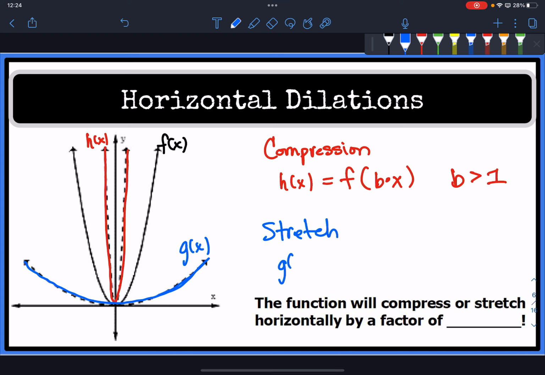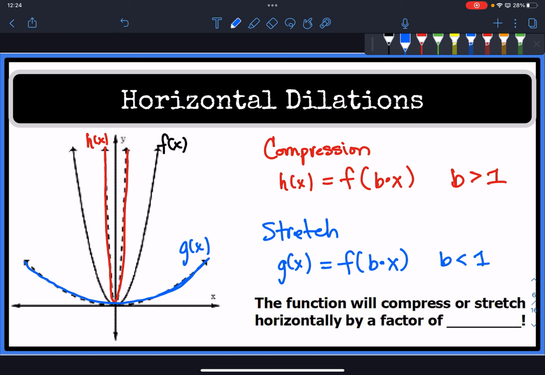We get that wider graph of g of x by multiplying the x value of our parent function with a scale factor, but now that scale factor is not going to be greater than 1, it's going to be less than 1.